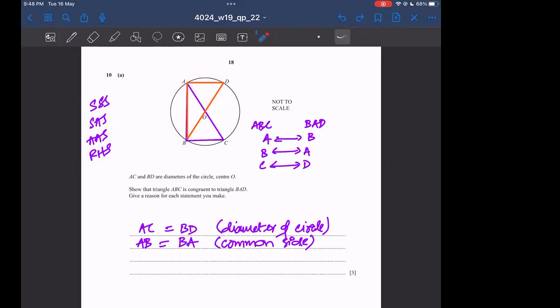So this over here is going to be 90 degrees and this over here is going to be 90 degrees. So you can say angle ABC equals angle BAD, and you can say the reason is angle in a semicircle.